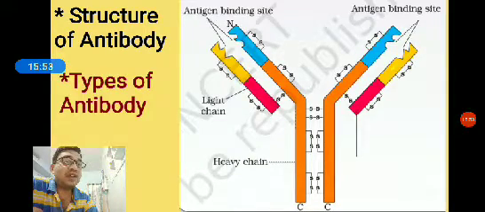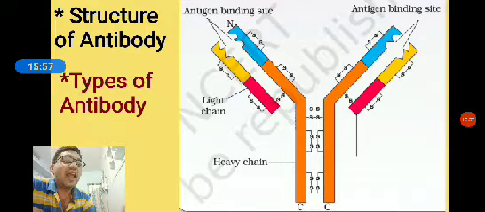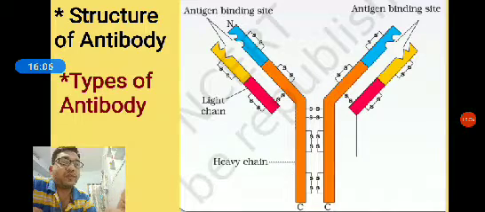In the variable region, there are antigen binding sites. Those we call a paratope. In this region, the antigen is able to bind.